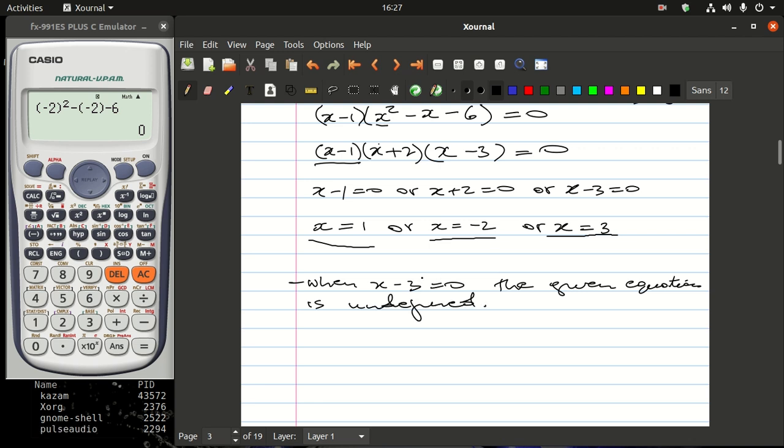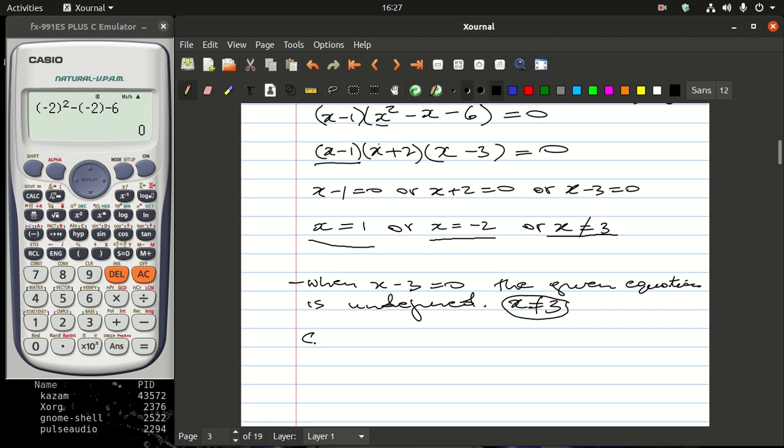Now, if it is undefined, then x cannot be equal to 3. This cannot happen because we're going to get an undefined.